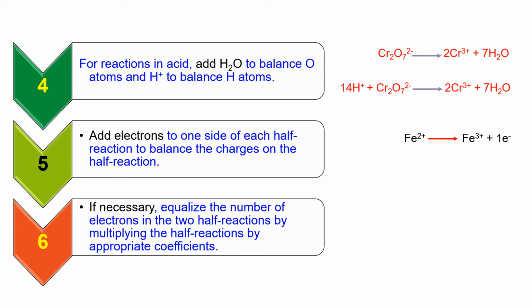So here for oxidation, you need to add the electron, because for Fe2+ you have 2 plus. Here you have 3 plus and 1 negative electron. Meaning 3 minus 1, you will have positive 2 on both sides of the equation. So it will balance.